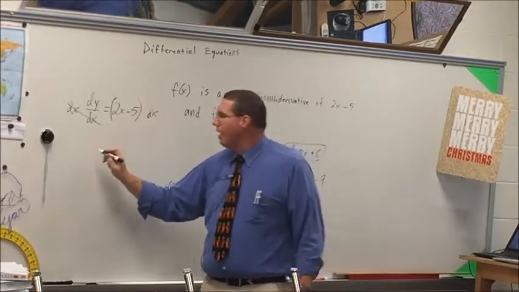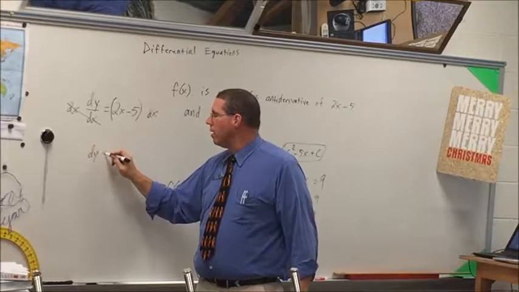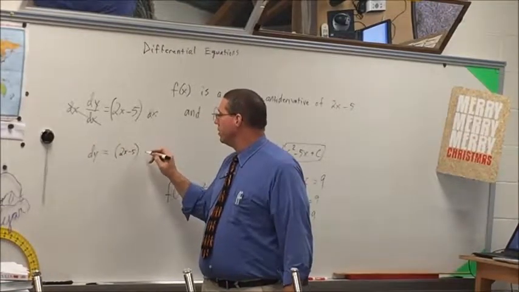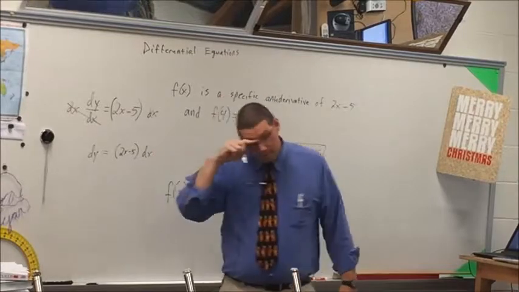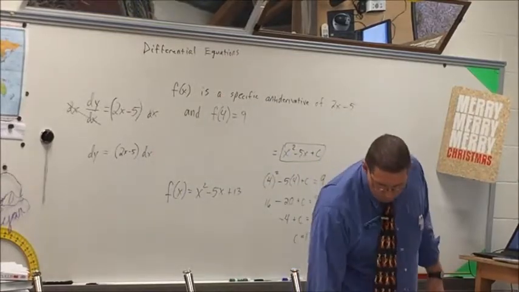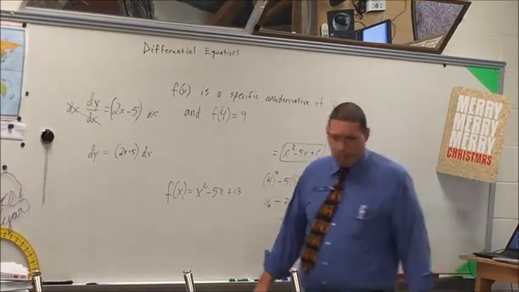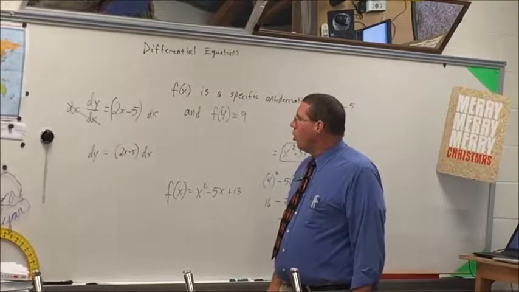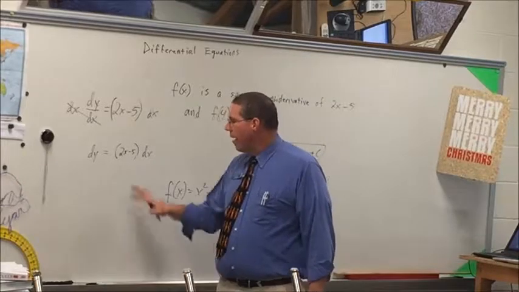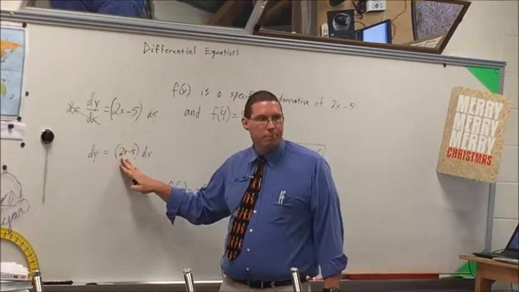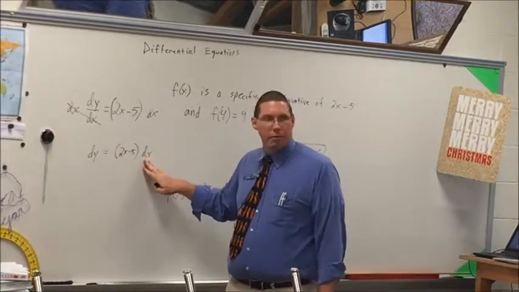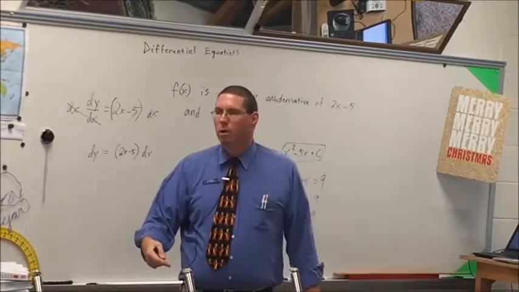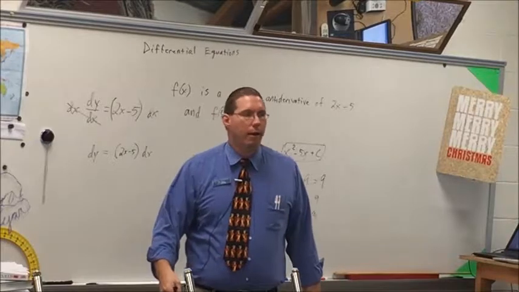And what I now have is dy equals 2x minus 5 dx. I think I might have forgotten to put the parentheses in this example. No, I didn't. It didn't need parentheses. Okay, now, when you see an expression with a dx after it, it is asking you to do what?